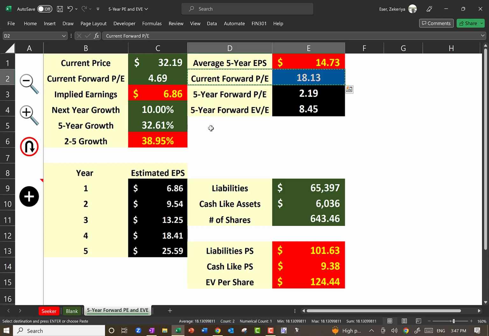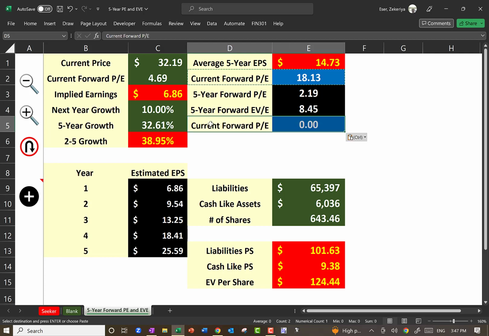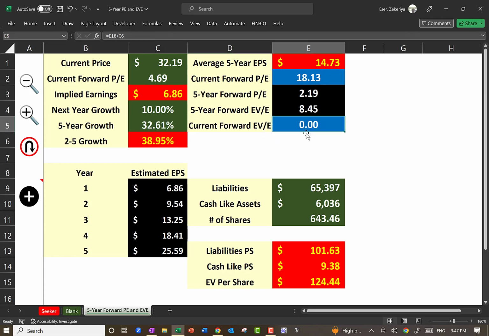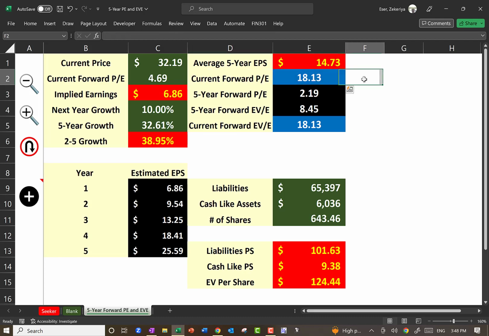We can also calculate current forward EV over E. Oh, I calculated this one. I already had that. Let me grab that.